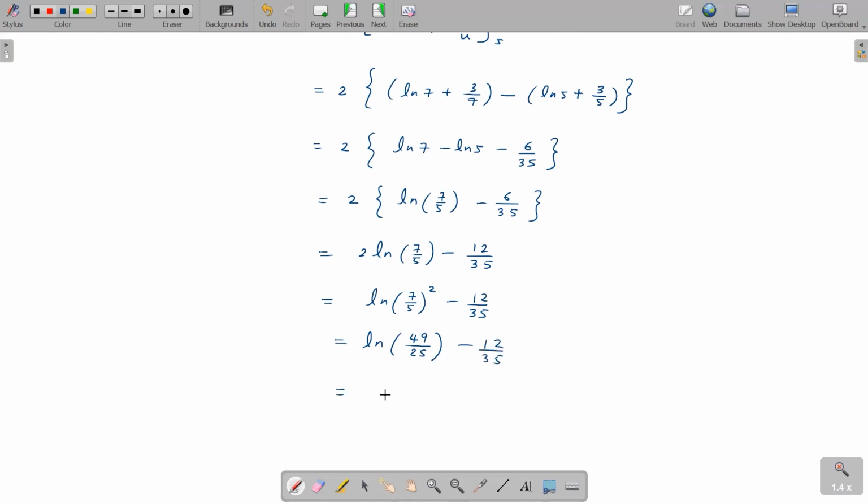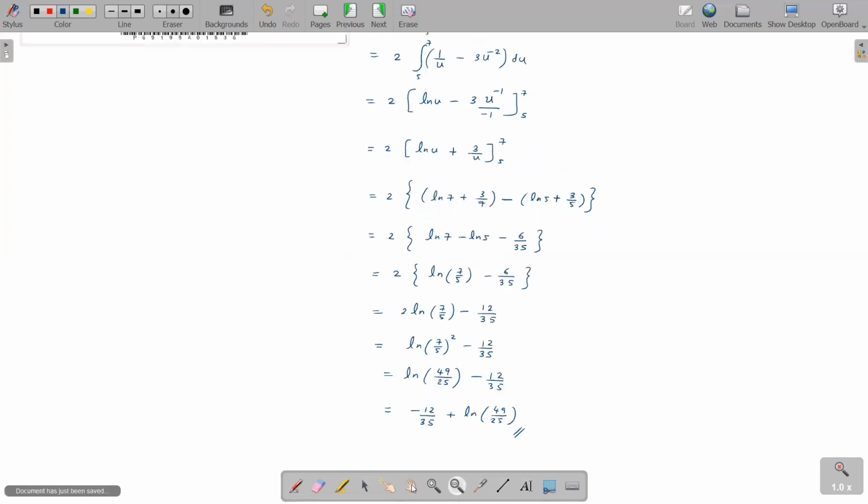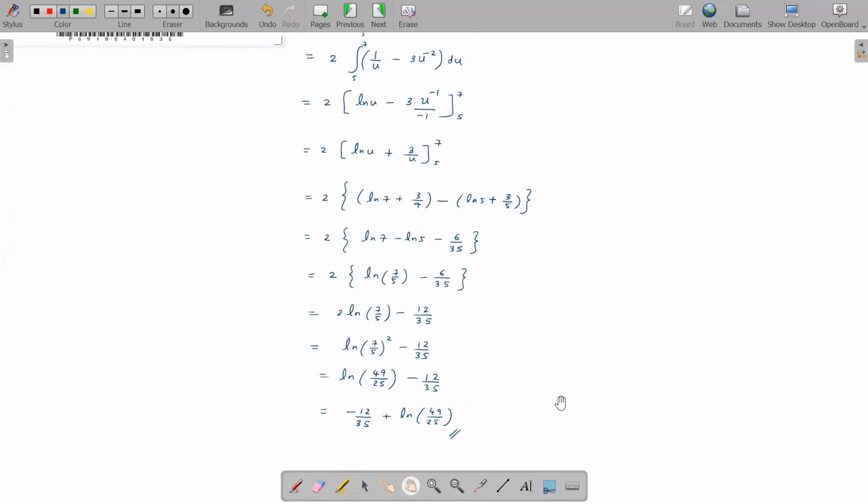I think they had a plus ln b, so a is minus 12/35 plus ln b, where b is 49/25. Is this clear? So these are the two rational constants. Rational constants are fractions. Okay.